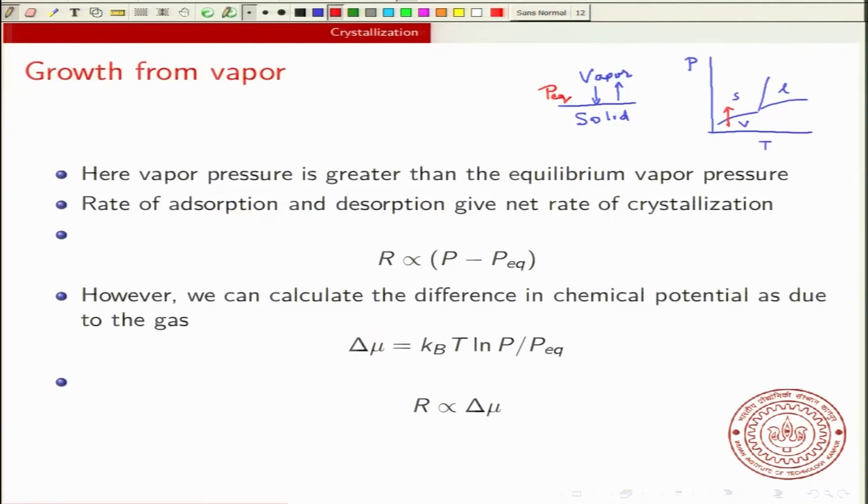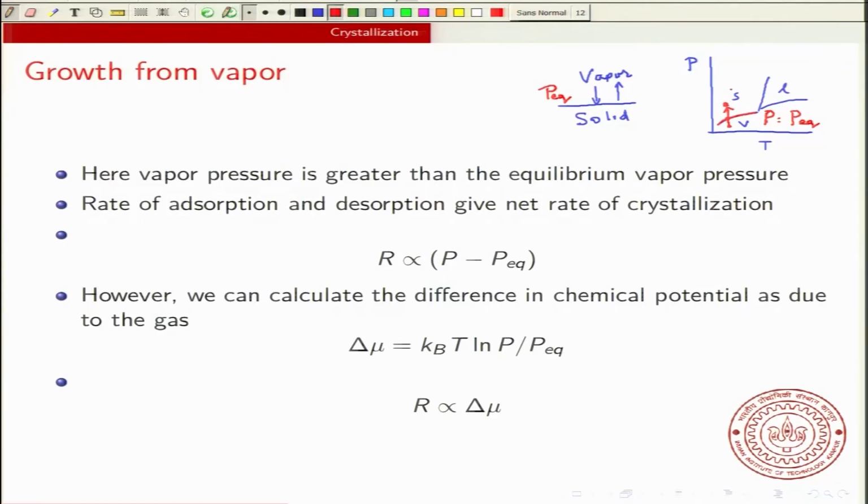Okay, now when you go from a point, let us say along this line you have P equal to P equilibrium. So the pressure is equal to the equilibrium vapor pressure, okay, and again the equilibrium vapor pressure depends on temperature. So along this line, this pressure is equal to the equilibrium vapor pressure. Now if you imagine looking at the difference in chemical potential between one state that is here and one state that is somewhere here.